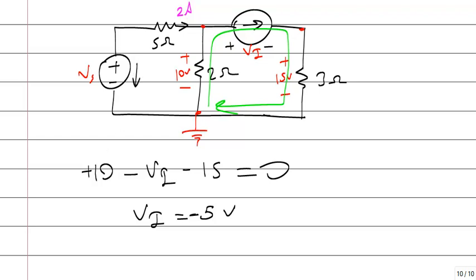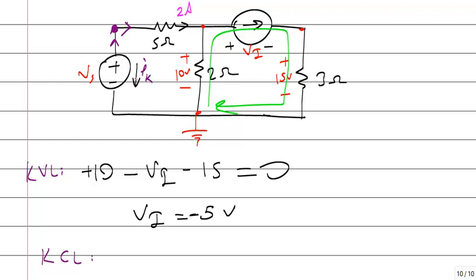You will apply KVL on this node. This current is equal to this current. Let me say this is IK. On this node, apply a KVL. Sorry, I will apply a KCL.